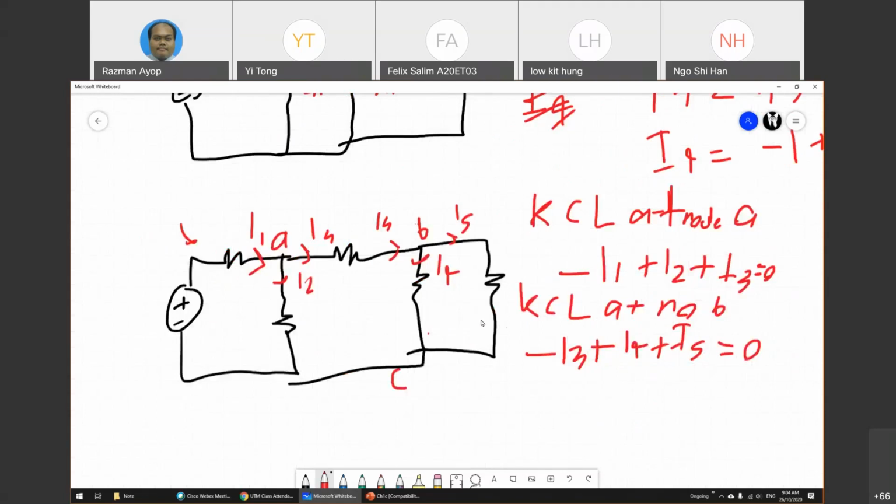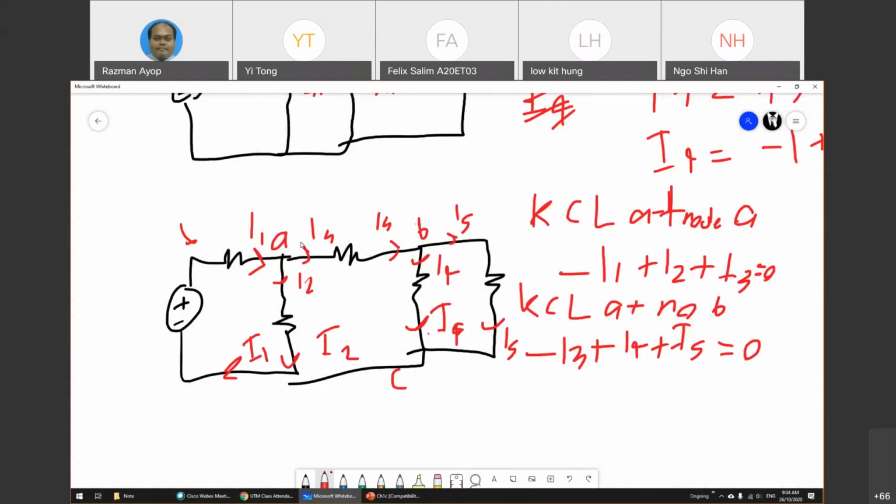Okay, if you want C, at C is also a node. This one is I5, I4. This one is I2. This one is I1.